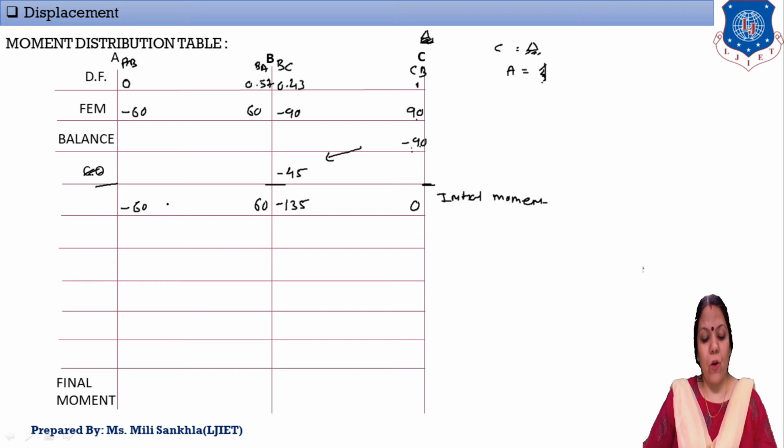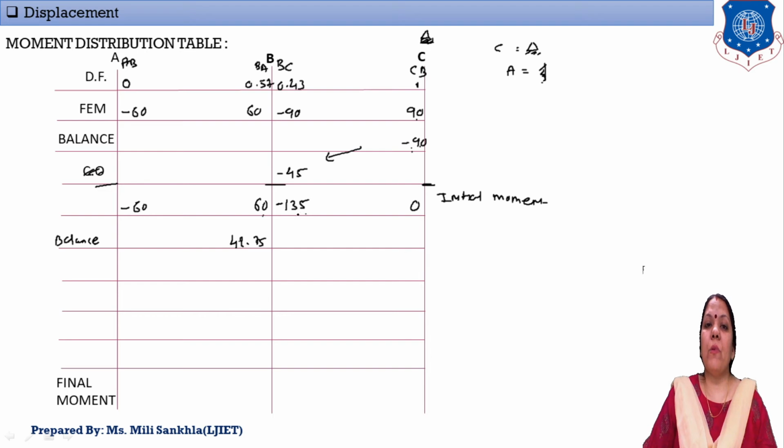Okay, now again we balance. Second, we balance this moment. Minus 135 and 60, make the summation of this, and the unbalanced moment we multiply with our distribution factor. 60 unbalanced moment multiplied with this 0.57, my answer is equal to 42.75.